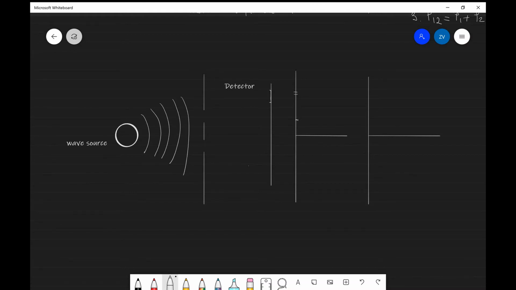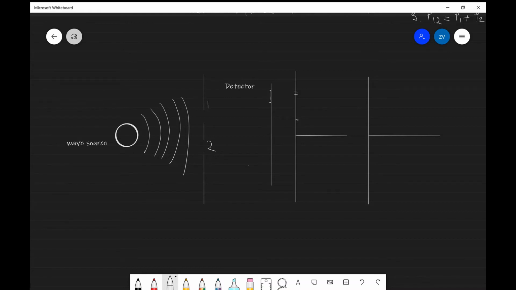Now if there are two openings, let's call them once again slit number 1 and slit number 2, that means that we might get some wave interference if both of them are open. The way we're going to measure how much of the wave has reached our detector could be with something as simple as a ruler to measure the intensity of the wave.